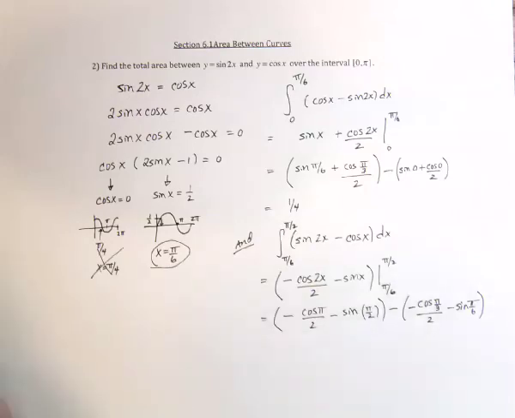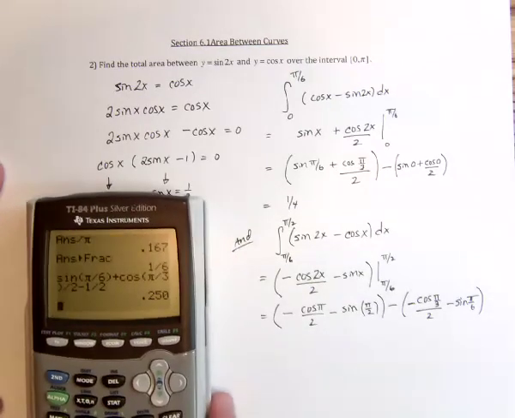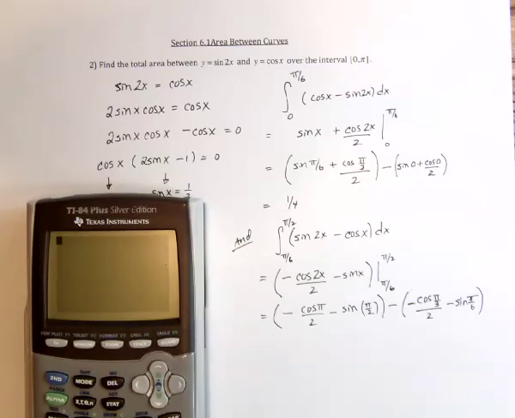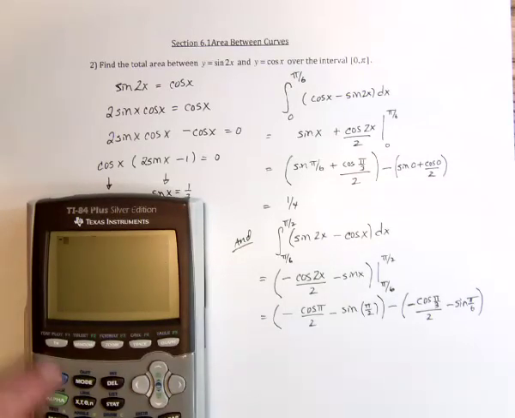That's a lot of parentheses. Okay, so negative cosine of pi gets divided by 2 minus sine of pi divided by 2, and then subtract from that, parentheses, negative cosine of pi divided by 3, and then divide that by 2, and minus sine of pi divided by 6.